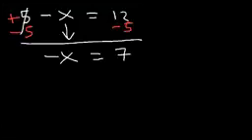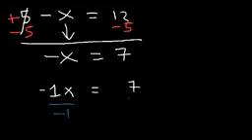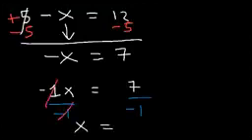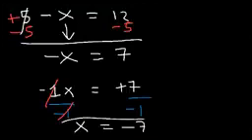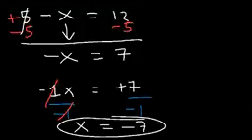Negative x is the same as negative 1x. So what can we do to solve for x at this point? If we divide both sides by negative 1, we're going to have positive x, or simply x, on the left side. Positive 7 divided by negative 1: whenever you divide a positive number by a negative number, you're going to get a negative number, so this is negative 7. So x is equal to negative 7.